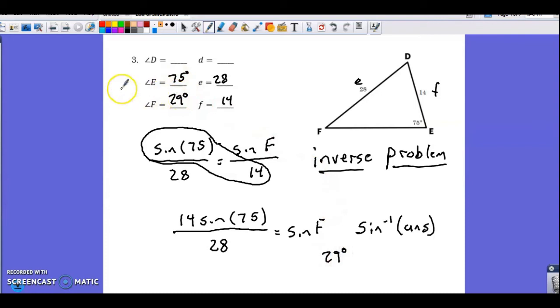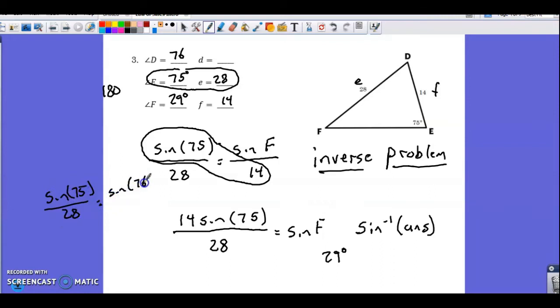Well, once you know 2, use your 180 rule. You can get your third one, which would be 76. And now make sure you go back to your original pair you knew and do law of sines again. The sine of 75 over 28 will equal a sine of 76 over d.